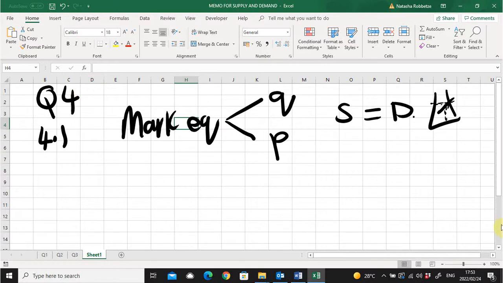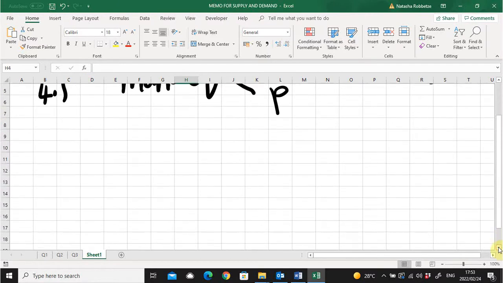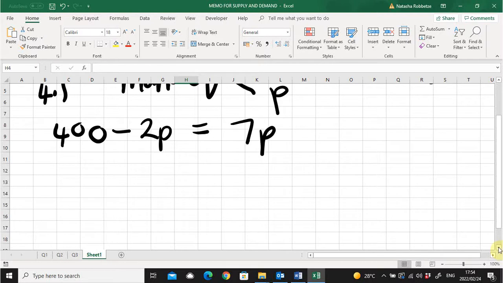So we're going to set the two equal to each other. If I look at the demand, it was 400 minus 2p. And if I look at the supply, it was given as 7p minus 41. All right, so we need to get all the same types of information to the different sides.